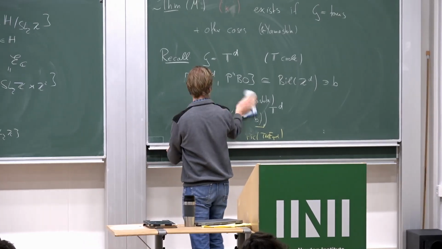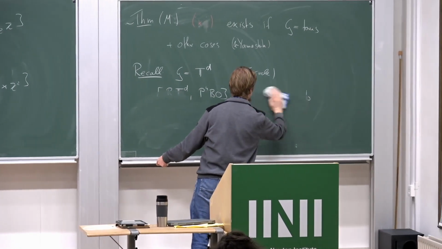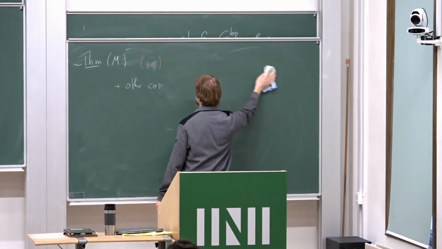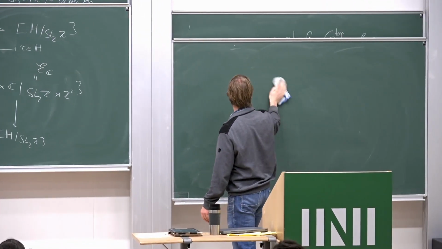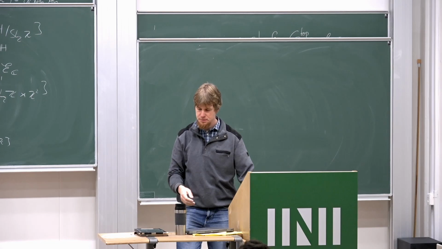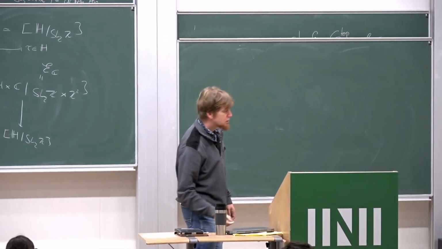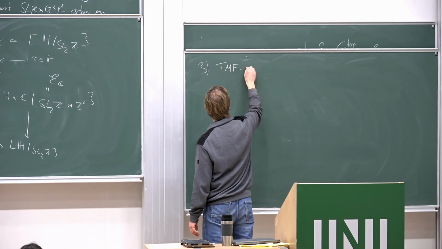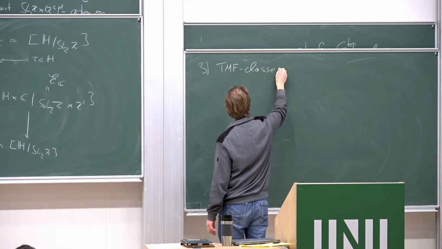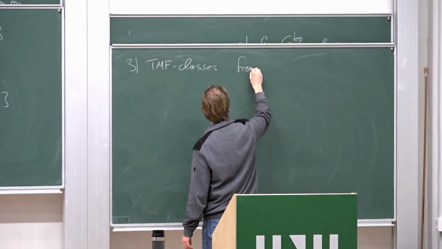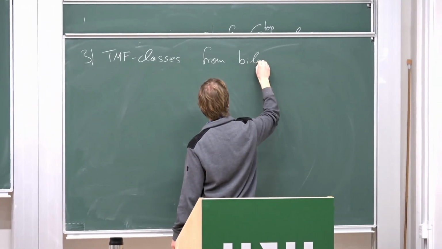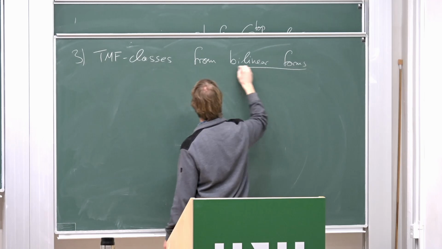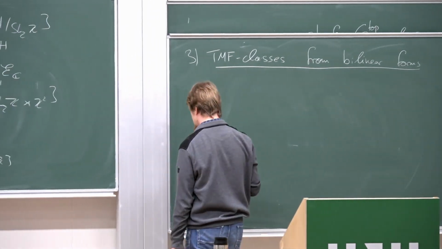So I've given now a long spiel about TJF, but I have not explained how one gets a TMF class from this. So, TMF classes formed by bilinear forms.